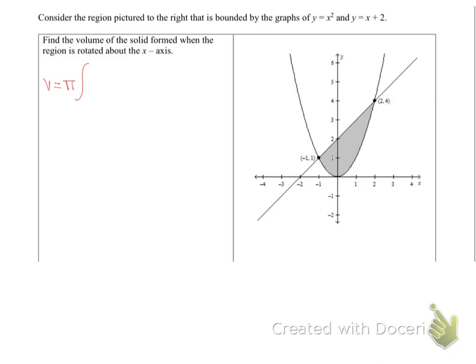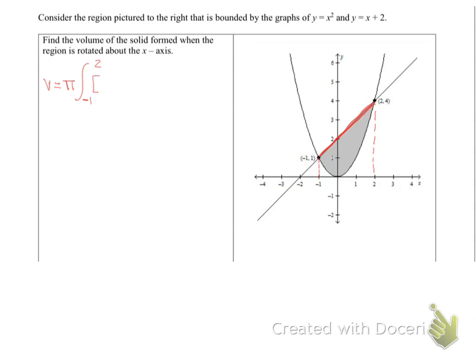So here we're looking at the intersection points. We're looking at this point here and that one there, so we're looking from -1 to 2, and it's going to be the outer function minus the inner function. If we're rotating around the x-axis, this function here is farthest from the x-axis.